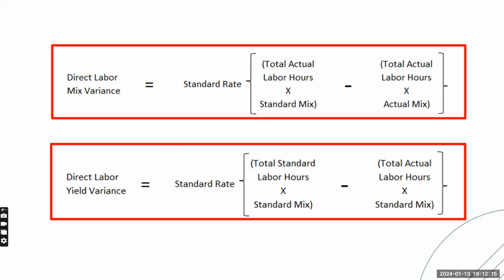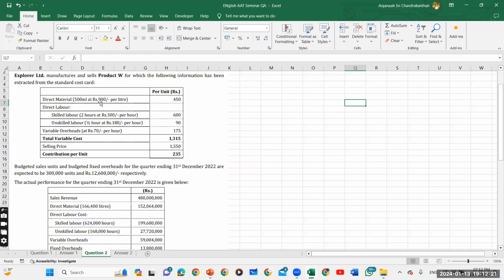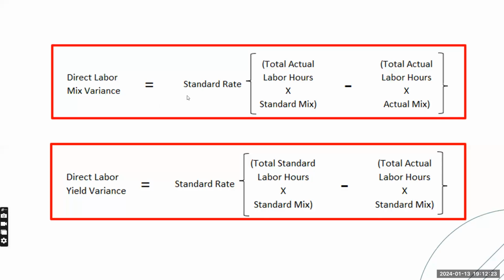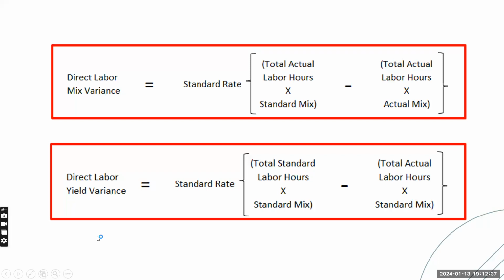See, mix variance, you take the standard rate. What is the standard rate in this question? It is 300 for skilled, and then total actual labor hours. What is the total actual labor hours? It is simply the addition of these two, 624,000 plus 168,000.